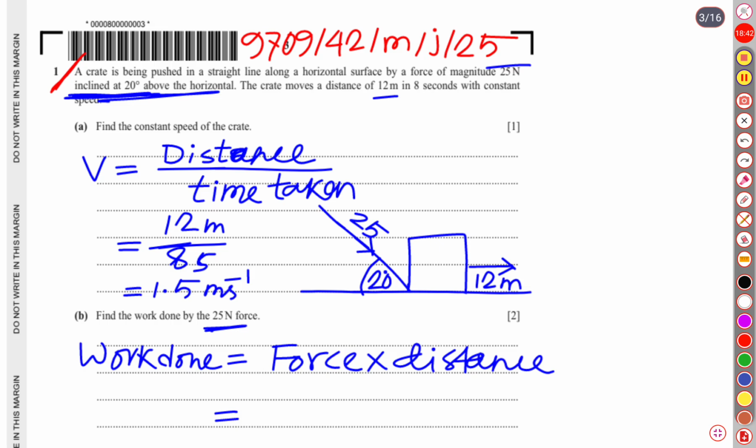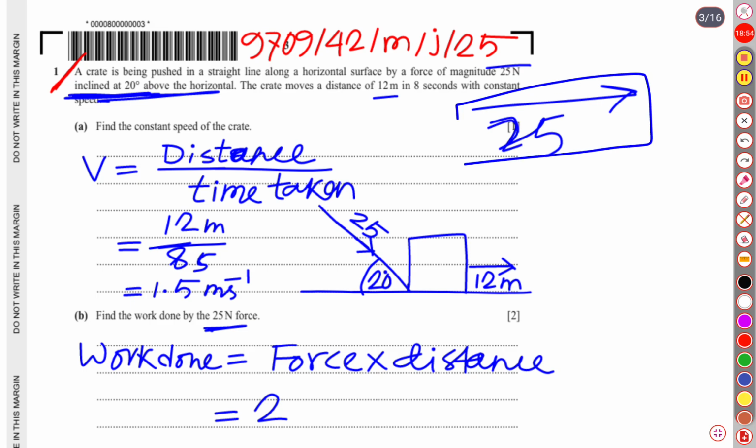So force is not 25, because 25 would be the force if it is horizontal. Suppose if it is written that the horizontal magnitude is 25, then you can suppose that it is the horizontal force. But they have told it is 25 Newton inclined at 20 degrees.